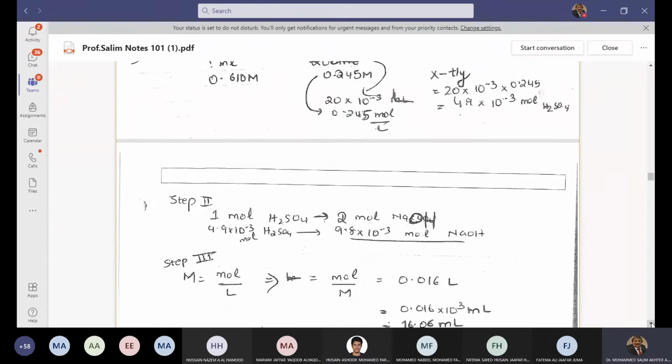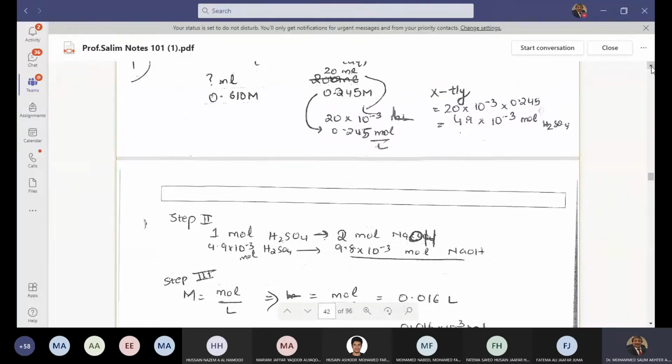And the relationship is 1 mole sulfuric acid to 2 moles sodium hydroxide: 4.9 times 10 to the power minus 3 mole sulfuric acid times 2. Is this number correct? Yes. Okay, now go back to the question, the third step.